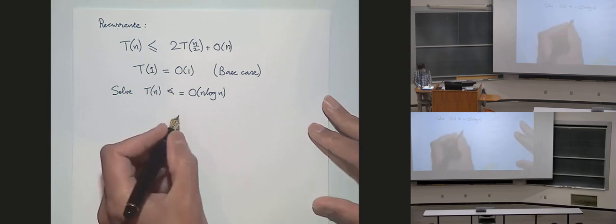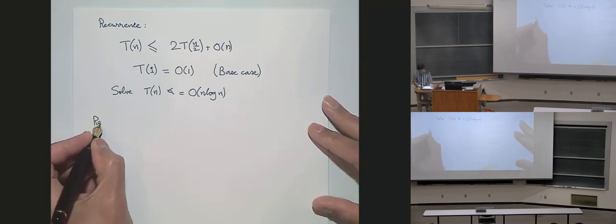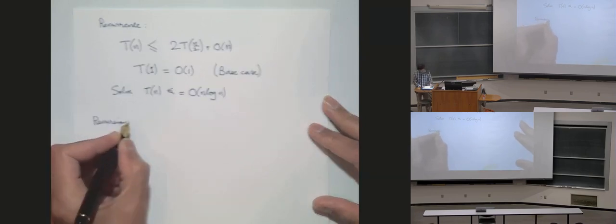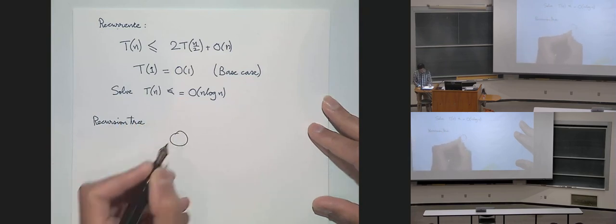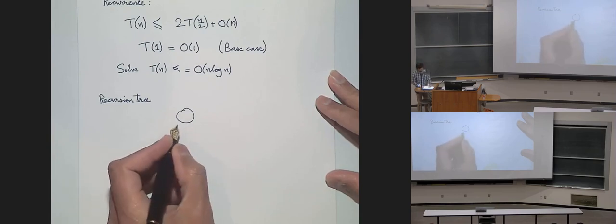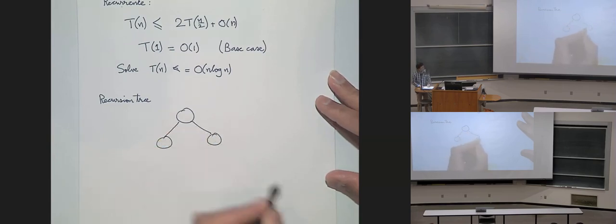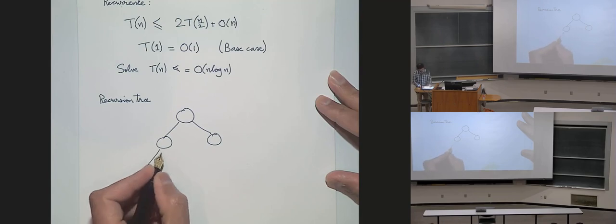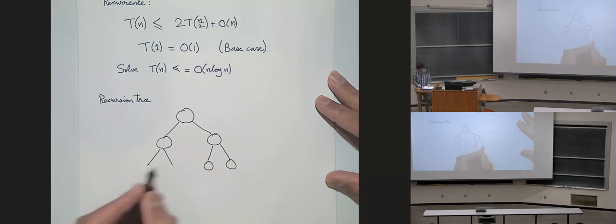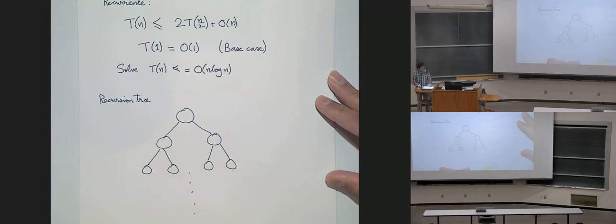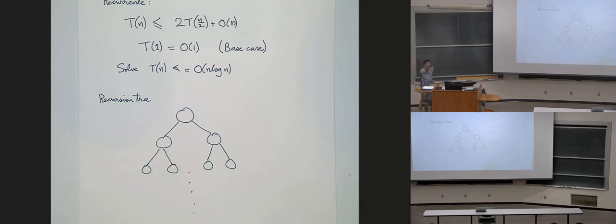So the way that you solve this is I'm going to write down the recursion tree. There's some root call which makes 2 calls, and each of these makes 2 calls, and so on and so forth. What I'm going to write inside is the size of the problem being solved in that call.